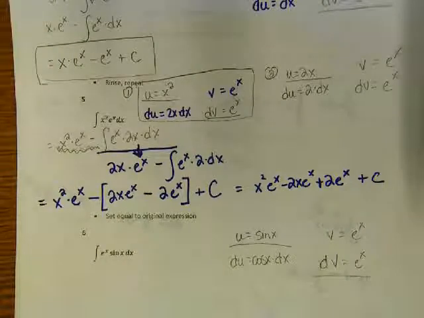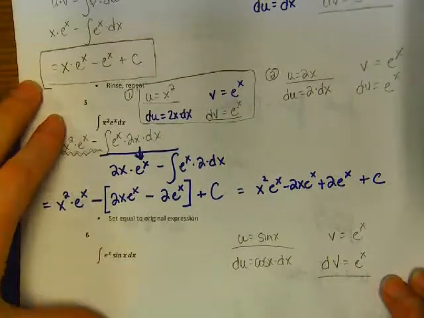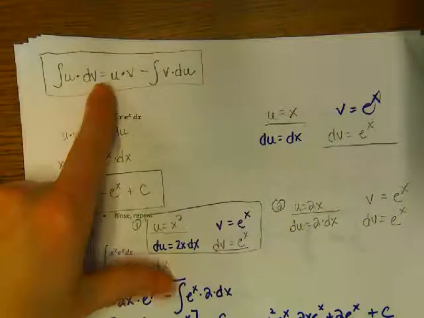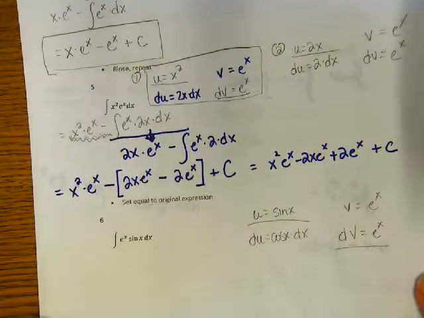All right, so that's our formula again, right? So we need u times v. So what are we going to write?